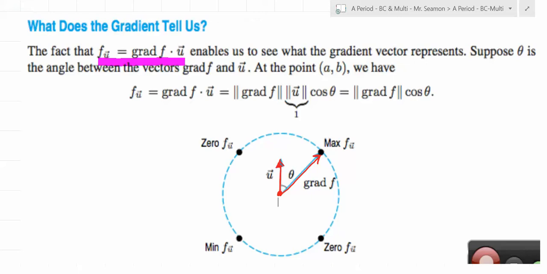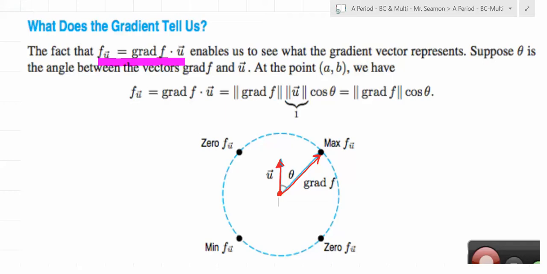What's cosine of 90? 0, right? We know this because if the dot product of the vectors is 0, they are perpendicular, and that's because of this definition, correct? So if the direction is perpendicular to the gradient vector, what's it always going to come out to be? 0.